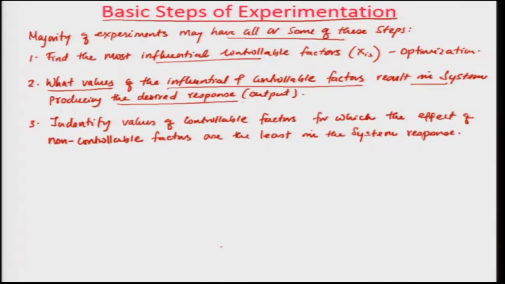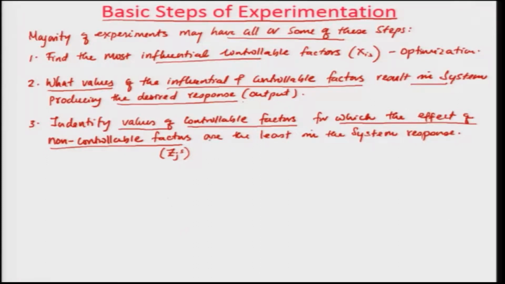So, what we are saying here is to identify the specific settings of the controllable factors for which the effect of the non-controllable factors, which in our case are the Cj's, is the least. Okay. Remember, in the diagram they were the bottom ones.